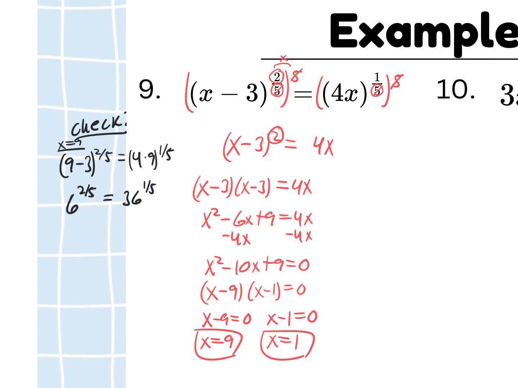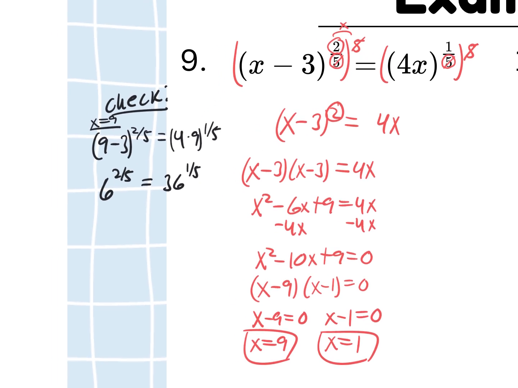And you can evaluate this however you need to. So you can see that these 5s are going to go out front as the index of your radical. So I get the 5th root of 6 squared equals the 5th root of 36, and 6 squared is 36. So I get the 5th root of 36 is the 5th root of 36. And I don't know what that number is exactly, but I do know that these numbers are identical.